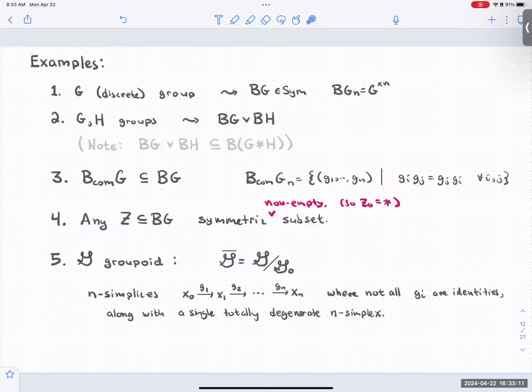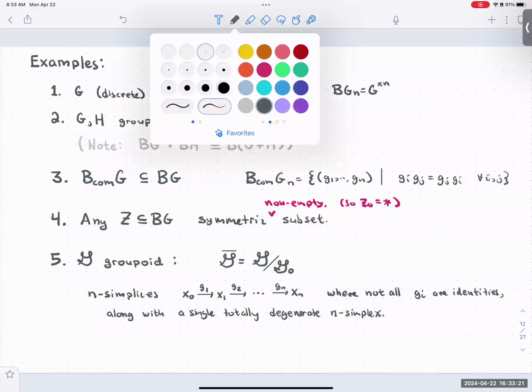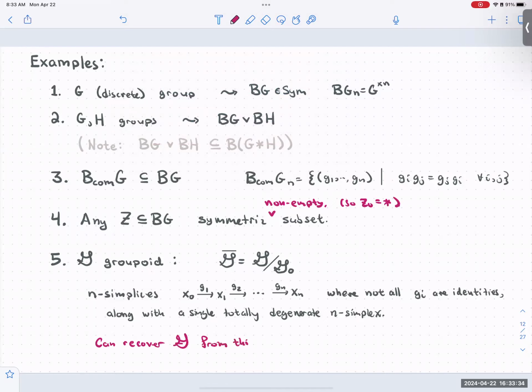And also, I can recover G from this, at least up to components that don't have any non-trivial morphisms.